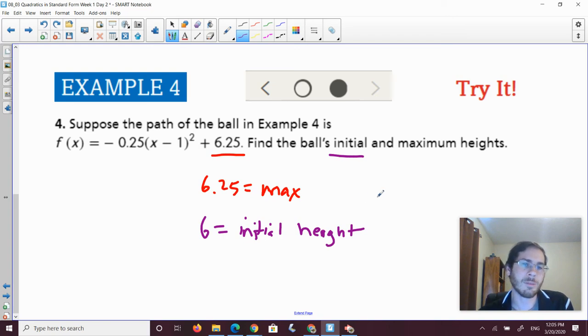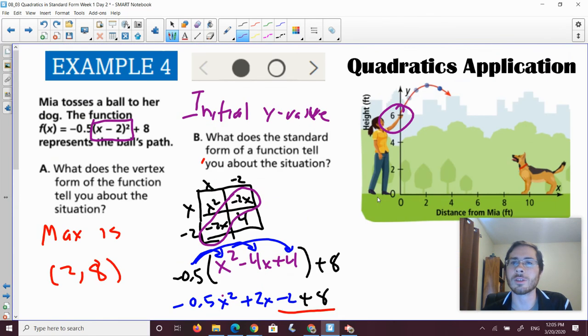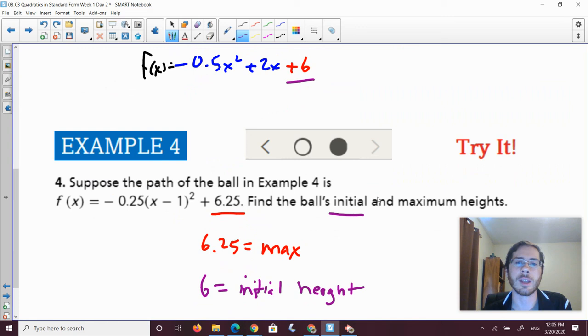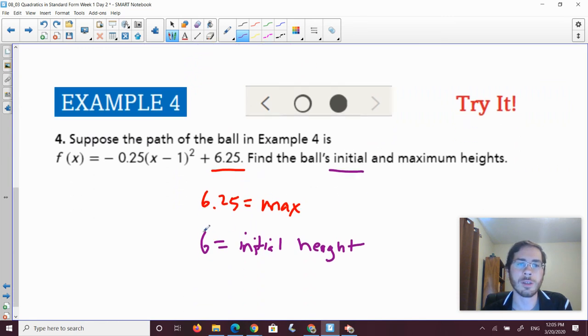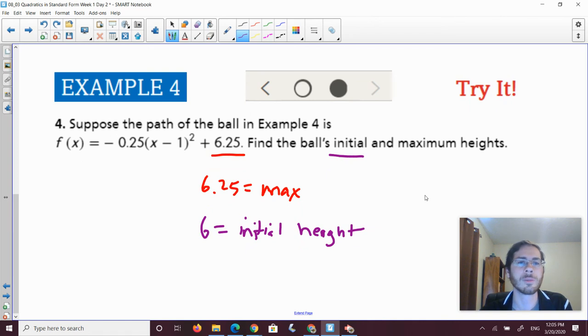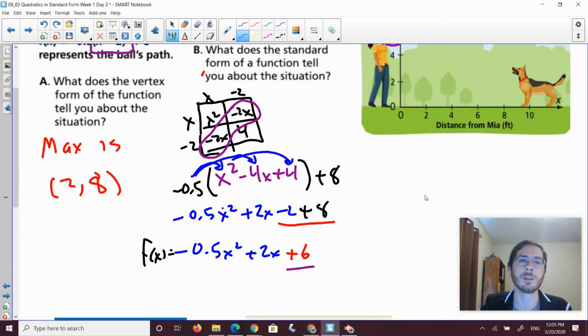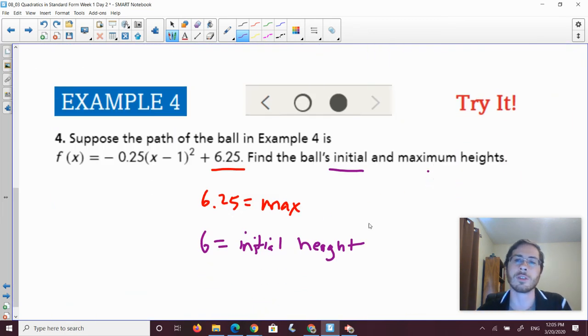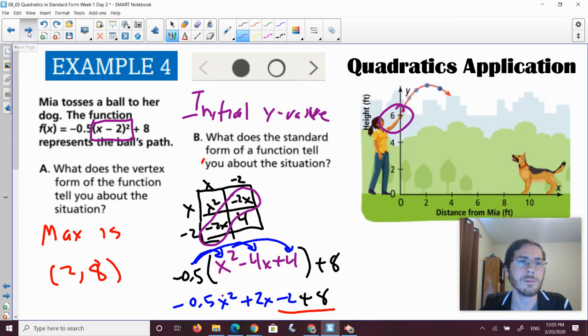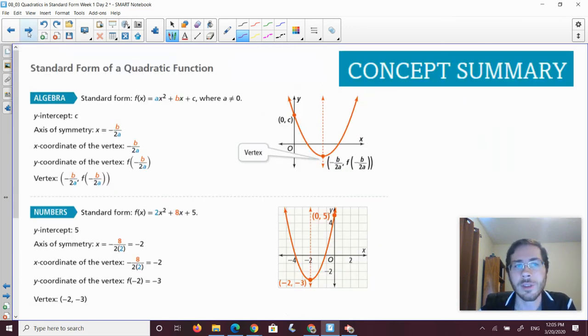So I mean, maybe Mia is just throwing the ball again, but she just throws it at a different angle. So that's what gives us a different equation. But we get 6 again, so maybe it's Mia again, maybe it's somebody else. We're not quite sure. But that's how you can do it using either Desmos or you can do it using the algebra. So we did the algebra up here. You can do it using Desmos. You can just read it off the graph. And that's the last example for this section.